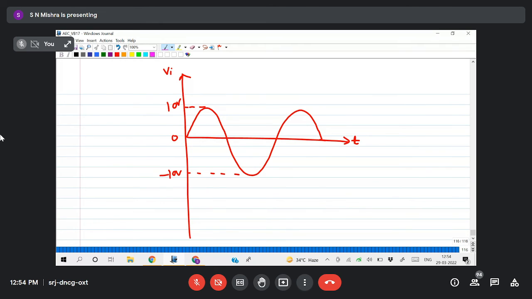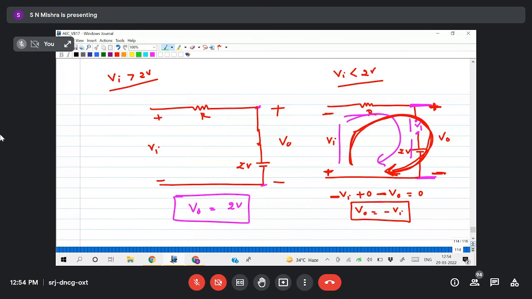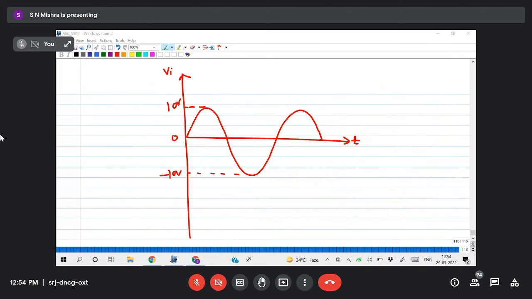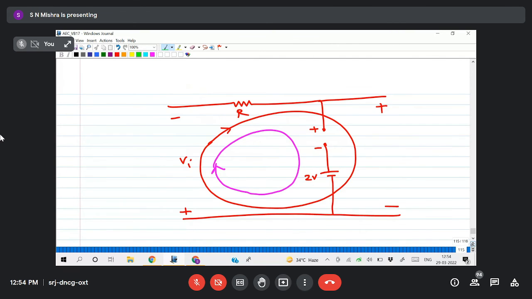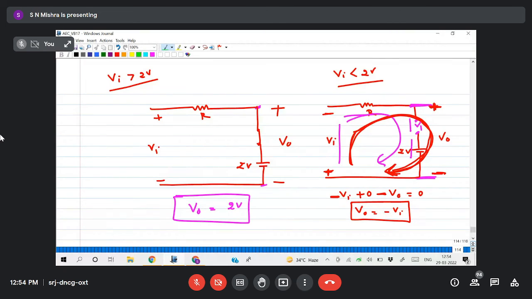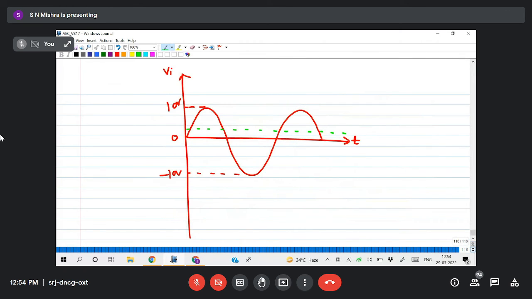If I make the same graph here, I have to first identify my condition. What is my condition? 2 volt. Okay, so let us take this as my 2 volt line. So what I have got is, whenever Vi is more than 2 volt, the output voltage is 2 volt. So at this point, is Vi less than 2 or greater than 2?